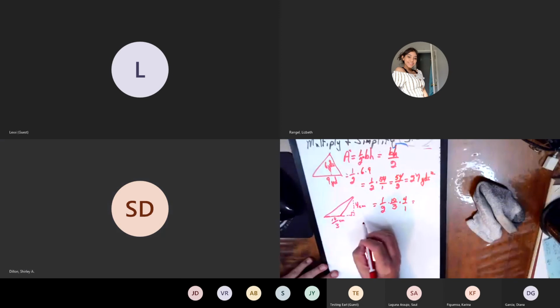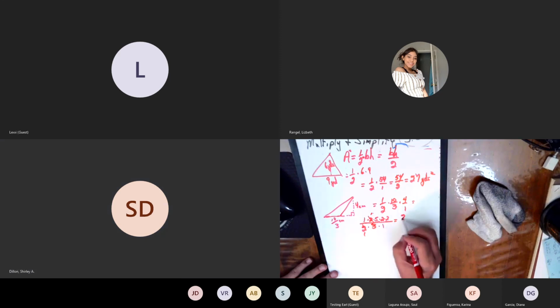So we end up with 1/2. 10 is 2 times 5. 4 is 2 times 2. And I have 2 times 3 times 1. So what's going to reduce out here? Looks like a set of 2's is going to reduce out. And that's it. So I have 1 times 1 times 5 times 2 is 10 times 2 is 20. And 1 times 3 times 1 is 3, so 20/3 centimeters squared.